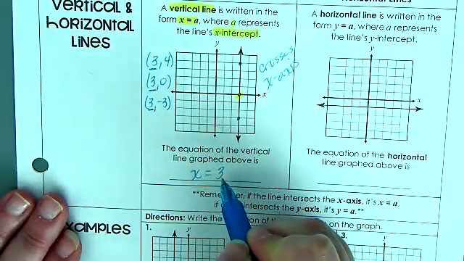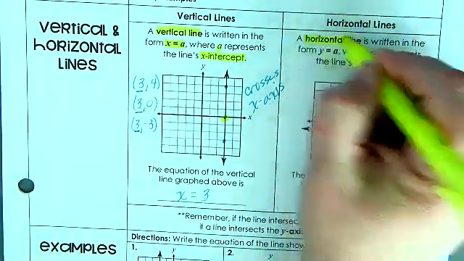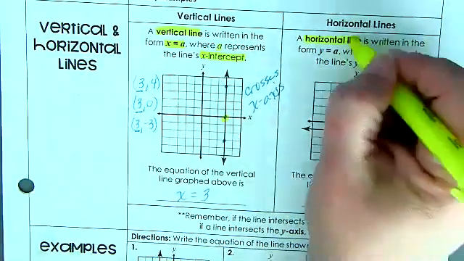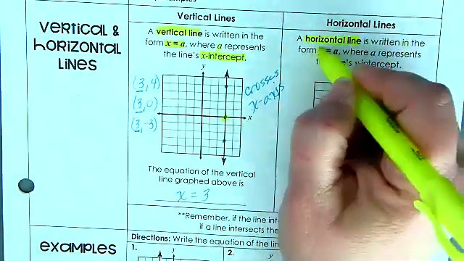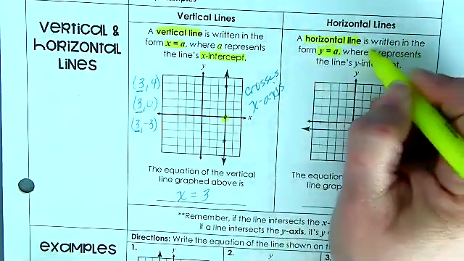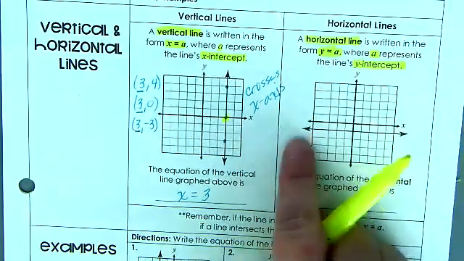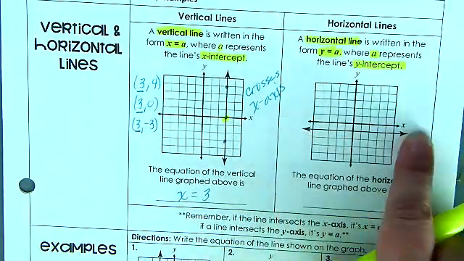Now, the only difference when we're looking at a horizontal line is a horizontal line is written in the form of y equals a, where a represents the y-intercept, because it's going across the y-axis.